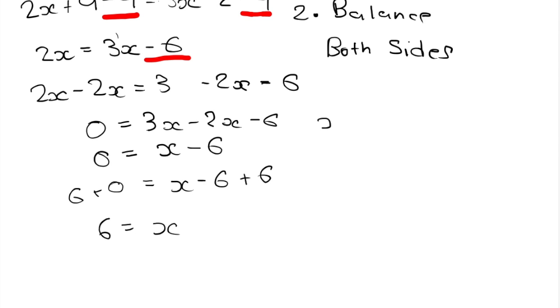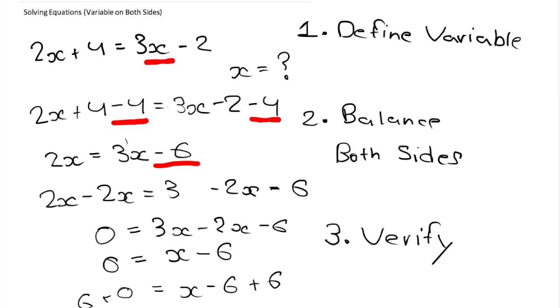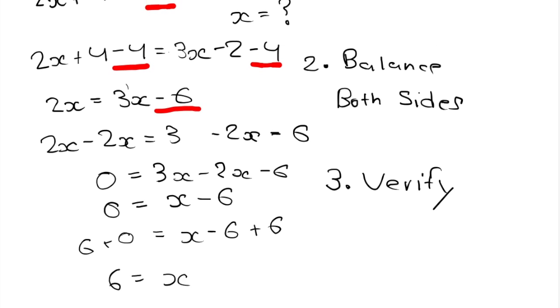Now the last step we have to do is verify. Verifying is very important as we do not completely know if this is the right answer, as we could have messed up in any step along the way. So to verify, we simply substitute 6 back into our original equation. So if you remember, our original equation was 2x plus 4 is equal to 3x minus 2.